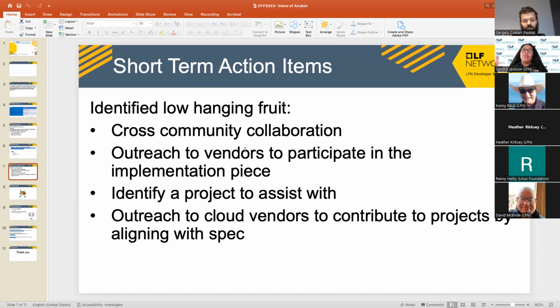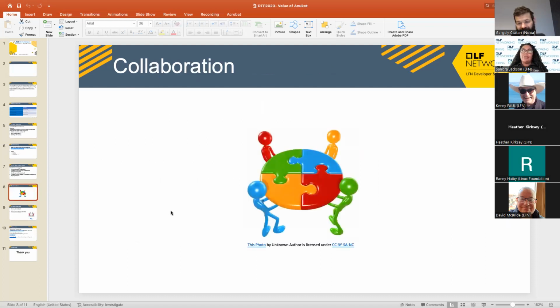I wanted to move on because you keep hitting the points, Randy, about all the low-hanging fruit we have identified, and I said that Anuket has missed out on some key opportunities in the collaboration piece. All of those steps in slide 7 require us to collaborate. And so Anuket needs to change the approach a little bit and stop waiting for them to come to us, and instead take it to them.